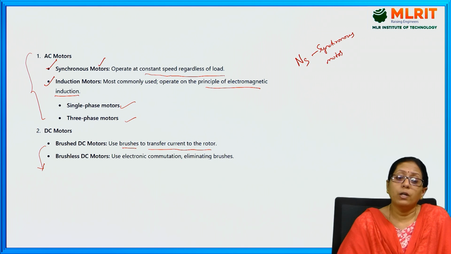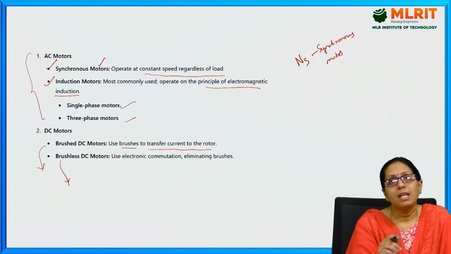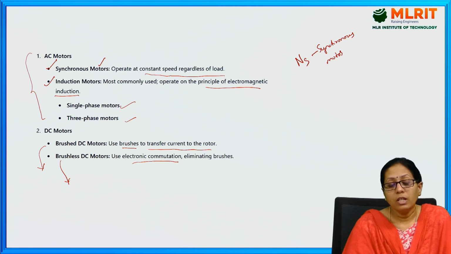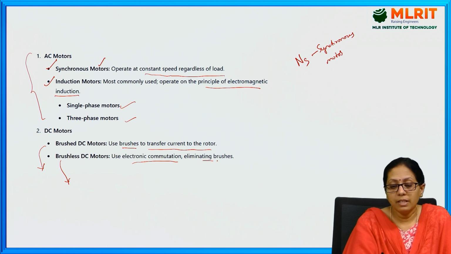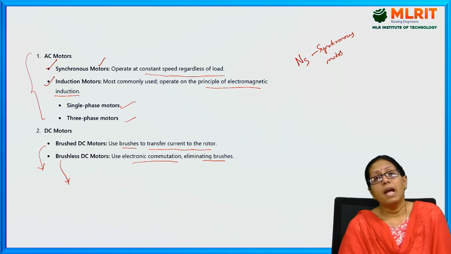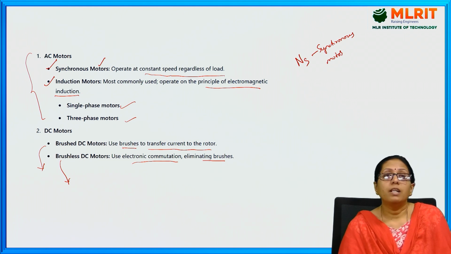The second type is brushless, meaning they use electronic commutation for transferring the current to the rotor by eliminating the brushes. They will not use brushes here. They directly use the electronic commutation to transfer the current to the rotor. So these two are the different types of DC motors.